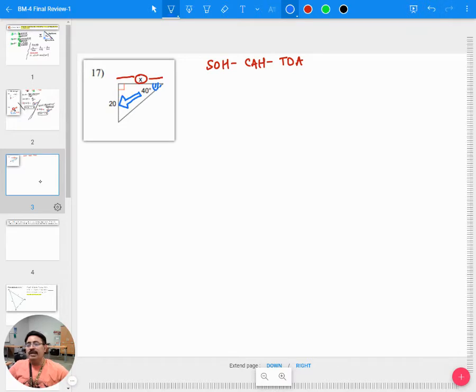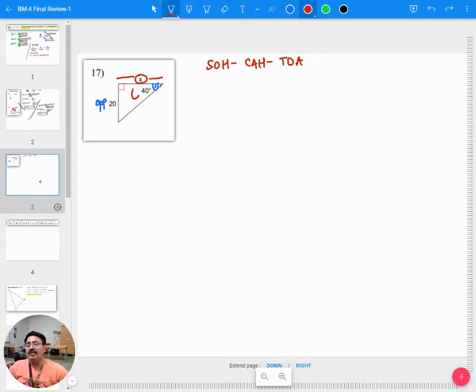So let me label this one as opposite side. Already I discussed with you that the side opposite to 90 degrees is known as hypotenuse. But in this question, there is nothing to do with the hypotenuse because that is not labeled.